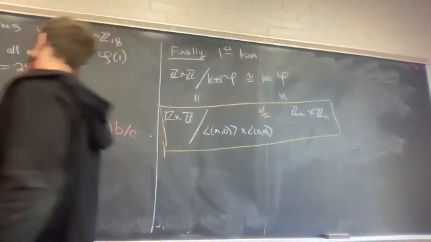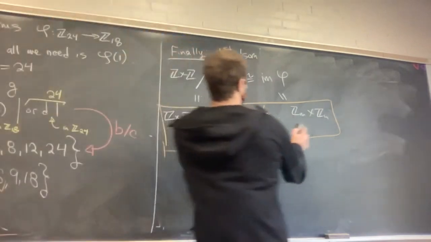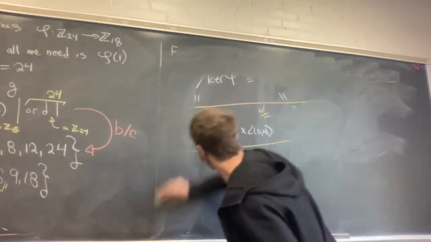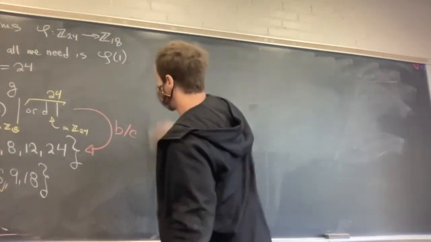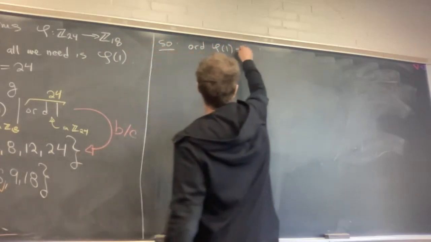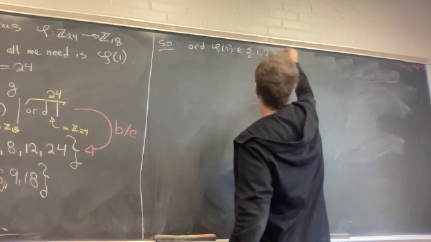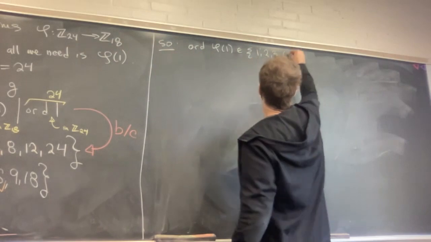So we can maybe underline. 1, 2, 3 are possible orders, and 6. Those are the only ones, because that's the overlap. So let's write that down: the order of phi of 1 is in the set 1, 2, 3, 6.